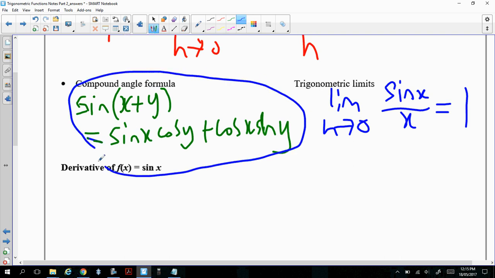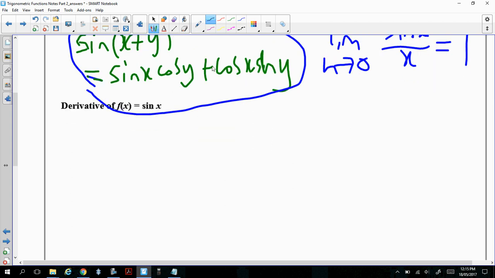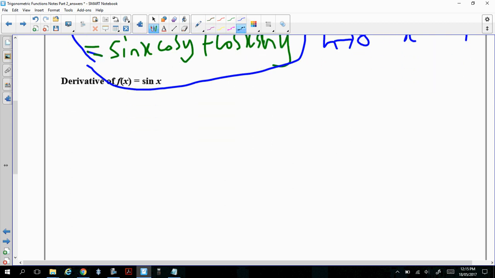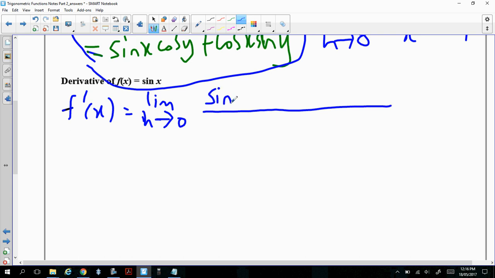Let's continue. We're going to differentiate sine x. Let's use the formula. We start by writing f dash of x equals the limit as h approaches 0. We're going to do f of x plus h, so we write sine of x plus h minus sine of x over h.